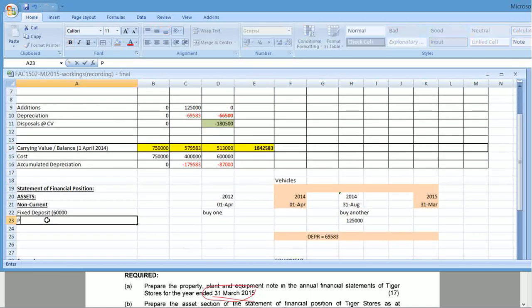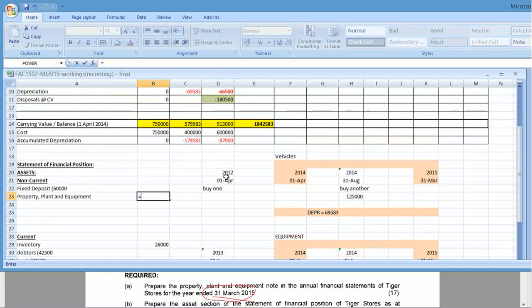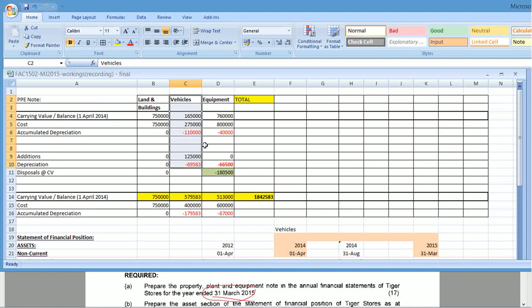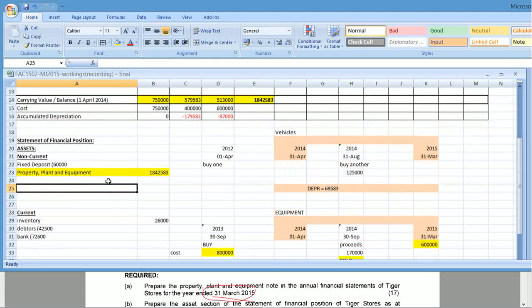Non-current, so I would have property, plant and equipment, and I would show the balance. They would have been calculated from here, which would have been the land plus the vehicles plus the equipment gives you that total, and they would have come from the note. That's how you would disclose it.